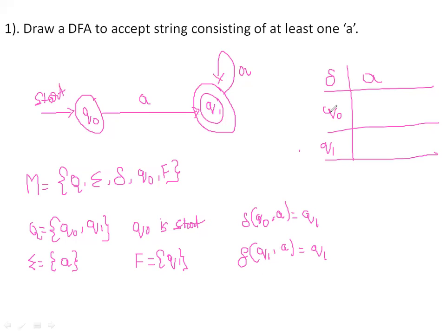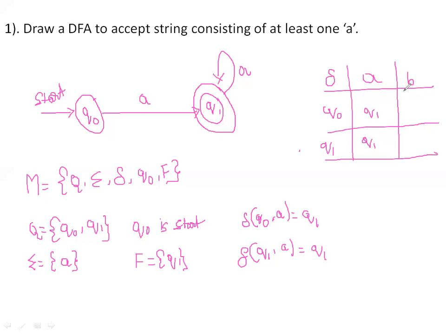So delta of Q0 comma A, where are you going? Q1, right? So Q1 should be updated here. Then delta of Q1 comma A, where are you going? Q1 itself. If you find there is no transition for a particular alphabet, for example if you have a comma b, and in Q0 you don't have a transition for b, and in Q1 also you don't have a transition for b, then in that case, we can write b with null.